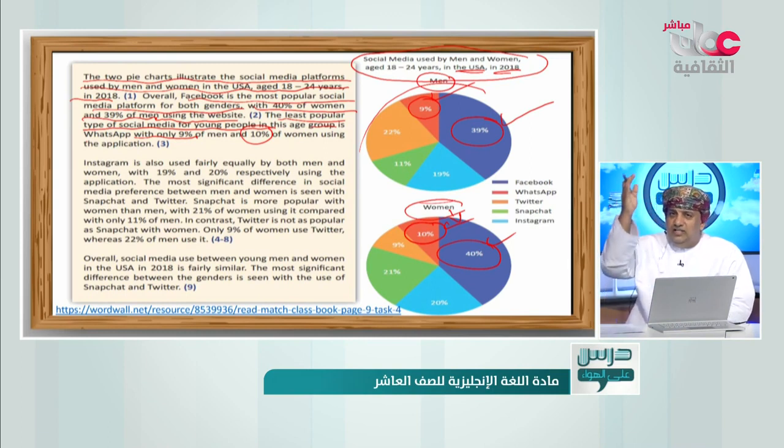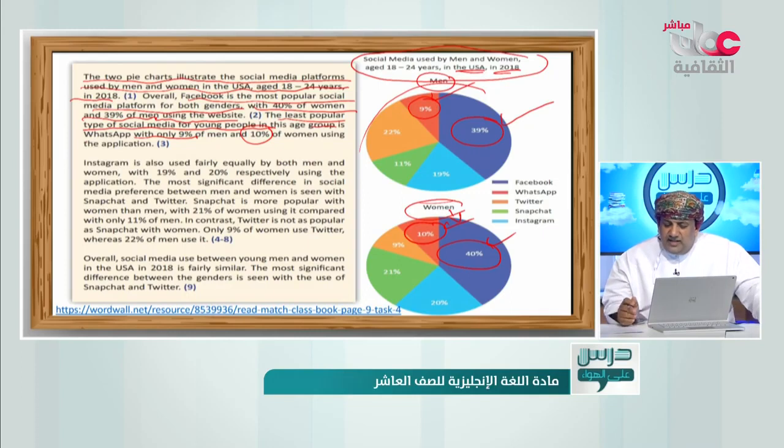The most used is Facebook, and the least popular used is WhatsApp. So now we are going to look at Instagram, Snapchat, and Twitter. So Instagram is also used fairly equally by both men and women, with 18% and 20% respectively using the application.